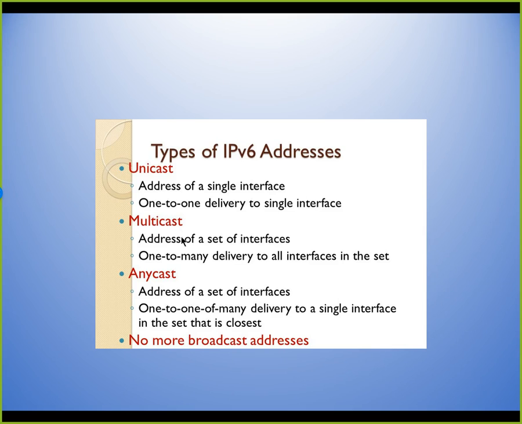The types of IPv6 addresses: in IPv4 we had unicast, we have unicast again. We had multicast, we have multicast again. And then we have this thing called anycast, and I've got another slide in a minute that hopefully will make anycast make some sense.